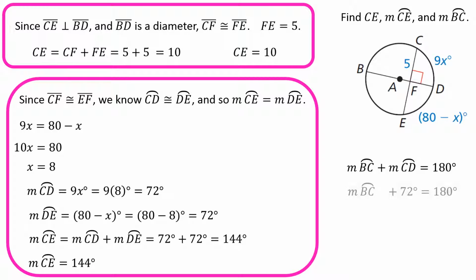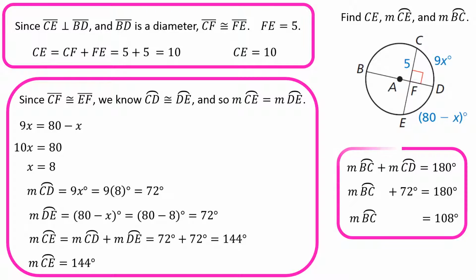But we just found out a moment ago that the measure of arc CD is 72 degrees. So a little bit of computation: measure of arc BC has to be 108 degrees, because 108 plus 72 makes 180.